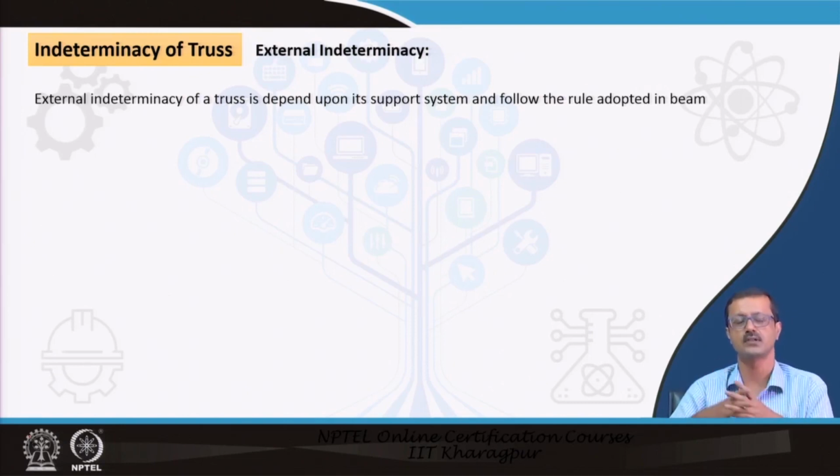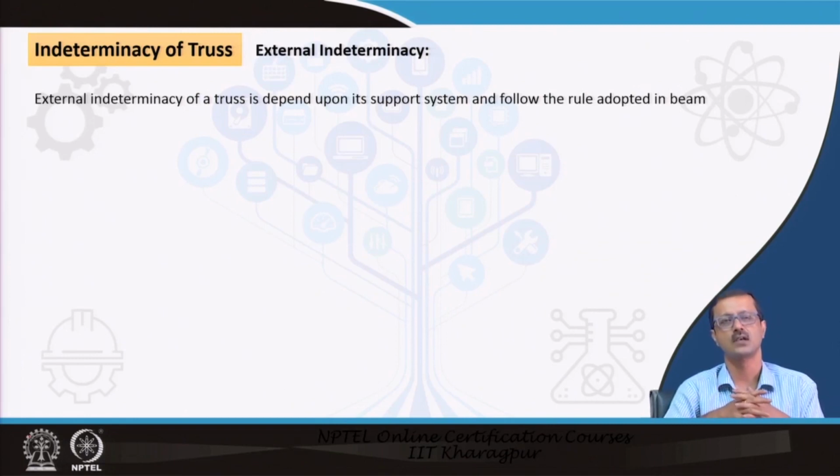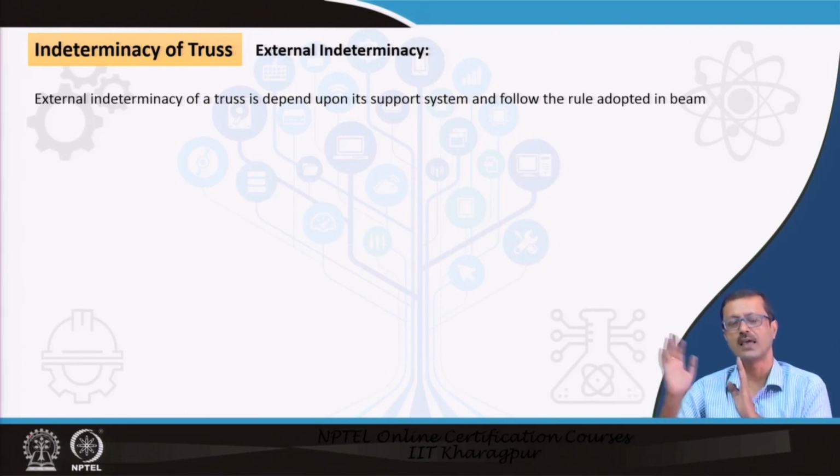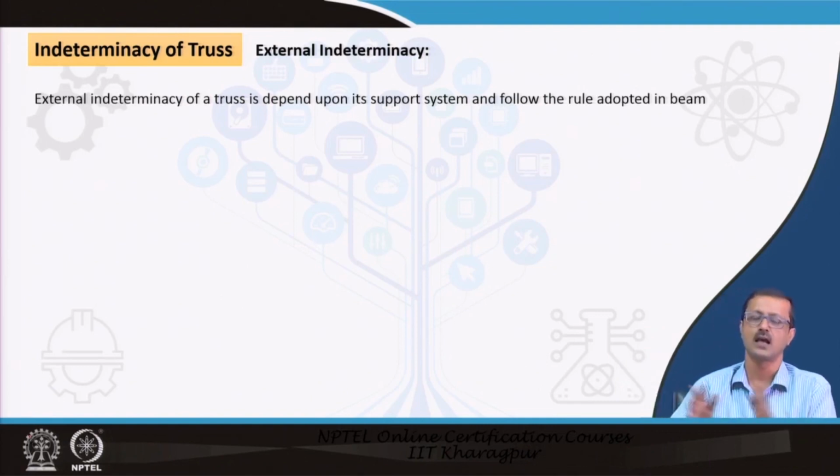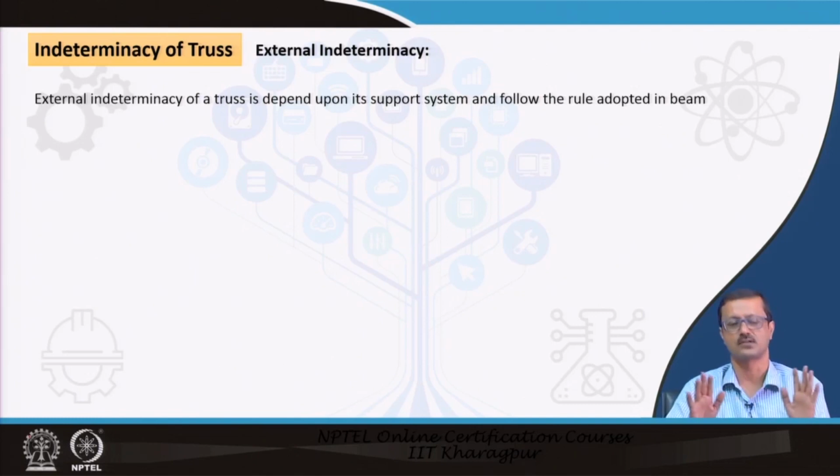You first have to judge how many unknown forces there are in a particular system, and then find out whether it is possible to find the unknown forces by virtue of the three static equilibrium equations, sigma Fx equal to 0, sigma Fy equal to 0 and sigma M equal to 0, or not. If it is, then it is determinate, and if it is not, it is an indeterminate structure.